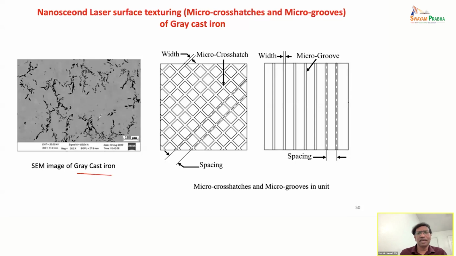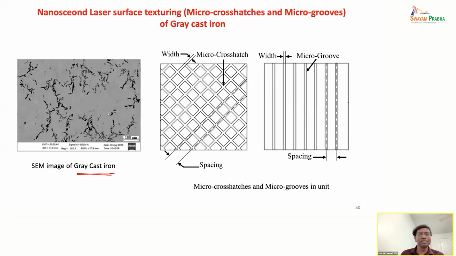Generally, gray cast iron is used for engines. Nowadays, to make automotive engines lighter, they have started using aluminum alloys, but mostly gray cast iron is popularly used. Here we see that there is carbon, and then iron, and this carbon helps in lubrication.